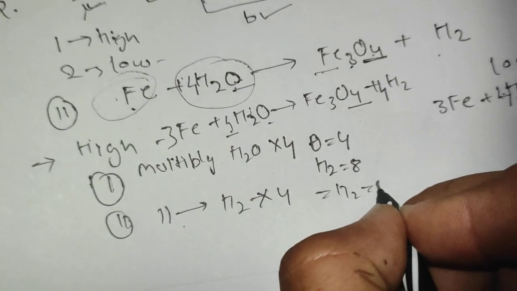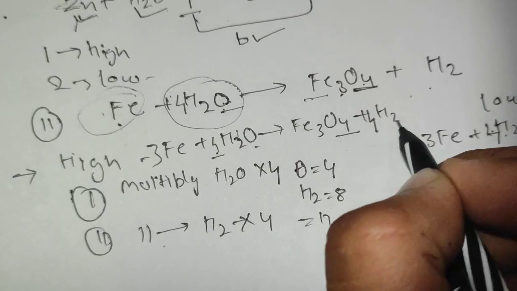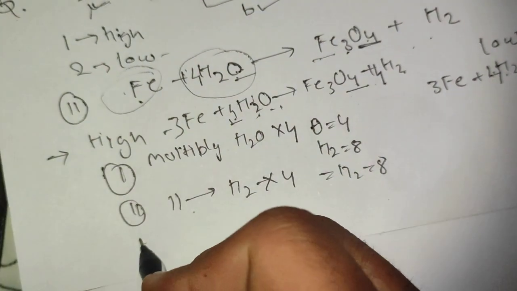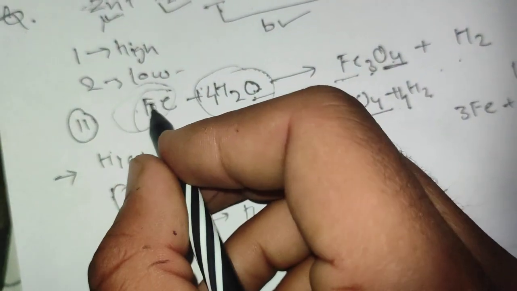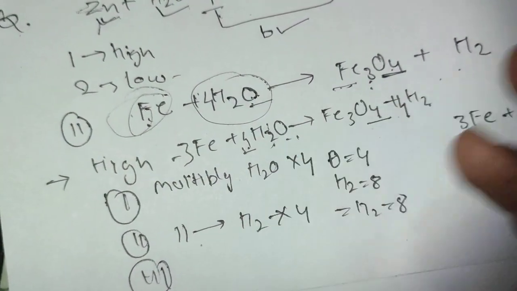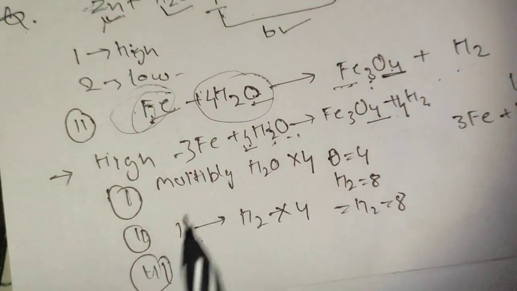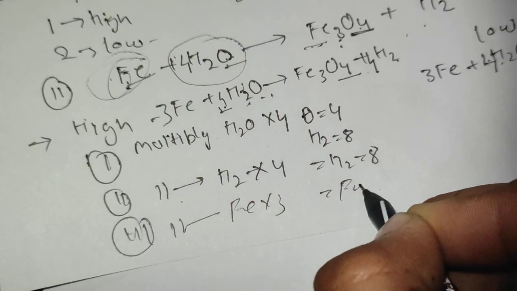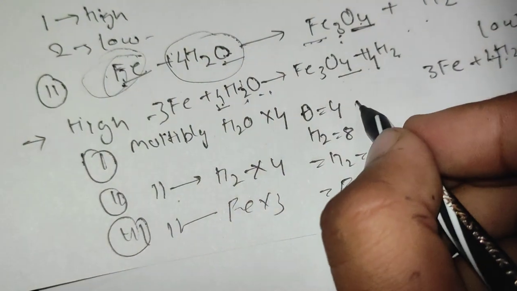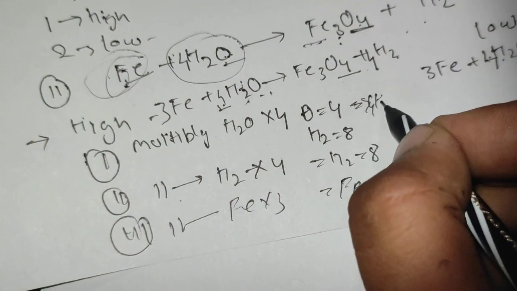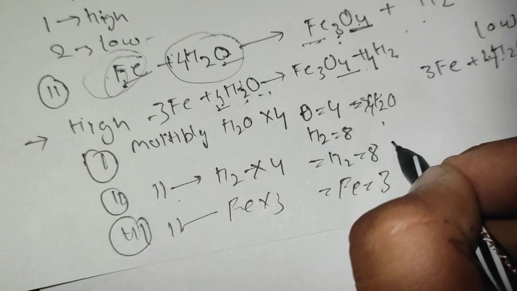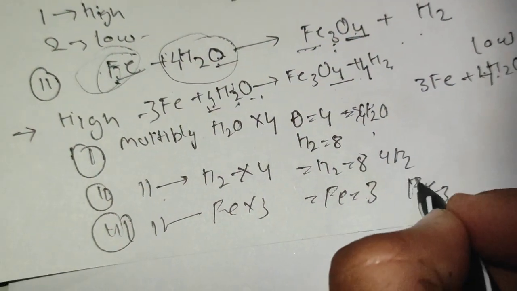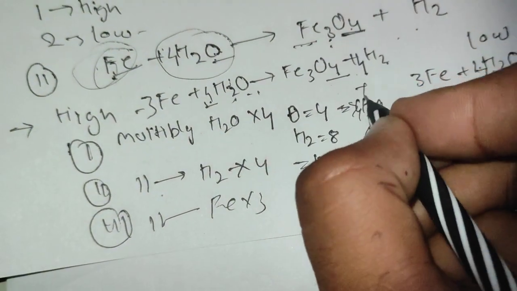Now hydrogen becomes 8 on both sides. Now the iron is 1 on one side but 3 on the other, so we multiply iron by 3 so Fe becomes 3. So overall we get Fe plus 4H2O gives Fe3O4 plus 4H2.